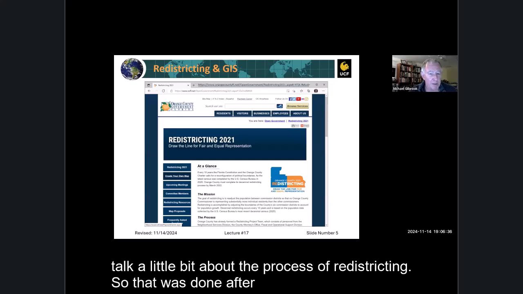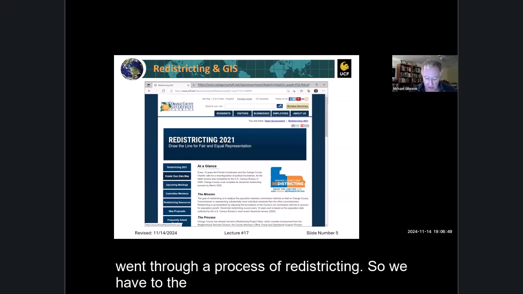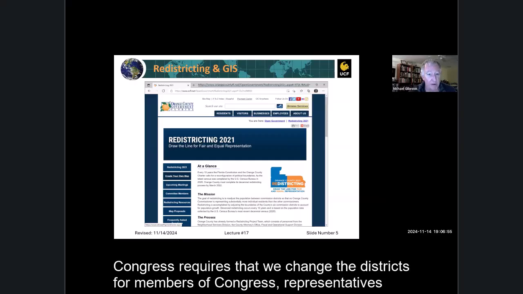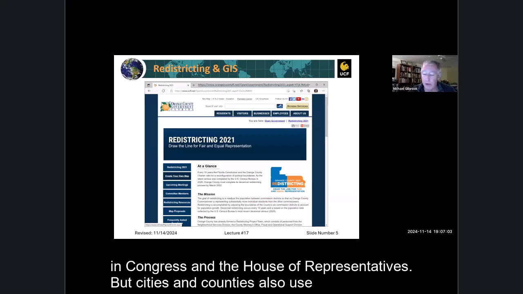So let's talk a little bit about the process of redistricting. That was done after the 2020 census. Every state and local government in the country went through a process of redistricting. Congress requires that we change the districts for representatives in the House of Representatives.